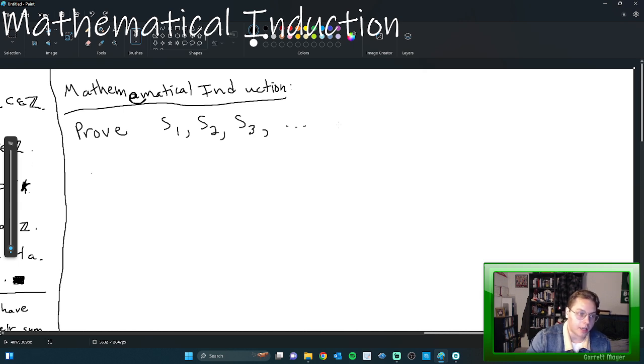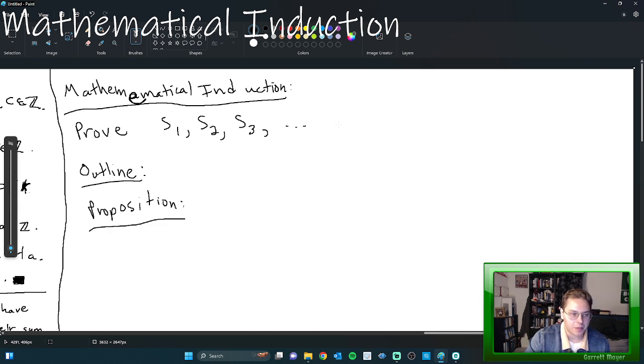So the basic outline for how this works, we have a proposition, which oftentimes will take the form of for all n in the set of natural numbers, Sn is true, or for all n in the naturals where n is greater than or equal to 1, for example.